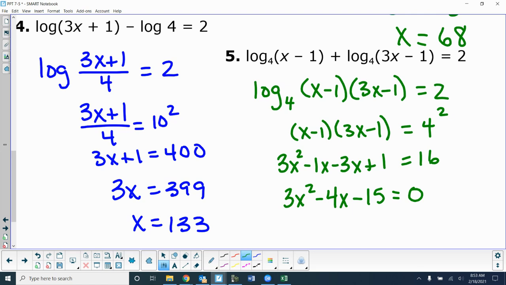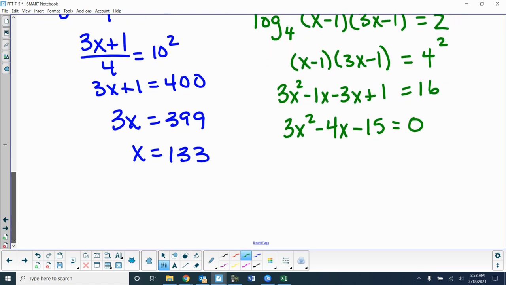Now we have to factor it. Or you can use the quadratic formula, right? You don't like factoring? That's okay. Use the quadratic formula. That's a way you've learned, right? You could graph it and look for what? Zeros. What does that mean?